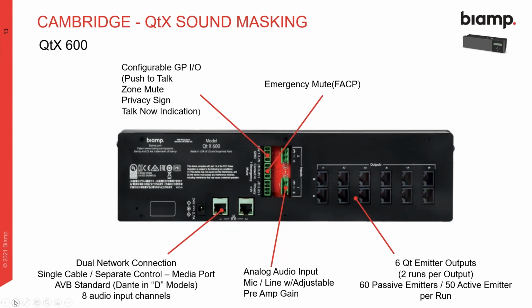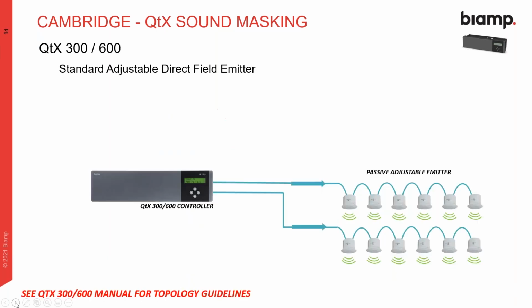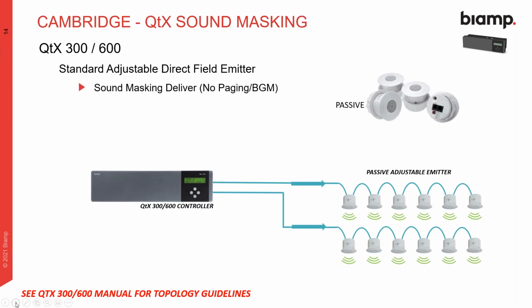The QTX 600 is the exact same processor, just with 6 outputs. Those outputs, again, can be virtually zoned in the software. The QTX 600 and 300 are completely backwards compatible with both the standard emitter and the active emitter as well.